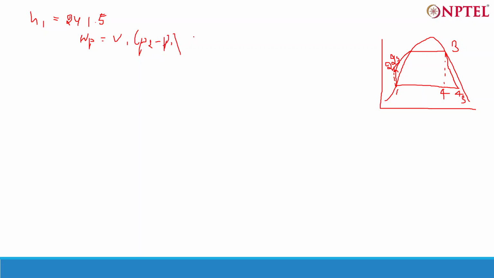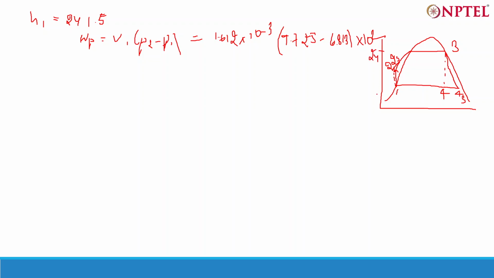That is 1.612 times 10 to the power minus 3 for the specific volume V, and the pressures given in the question are 9.725 and 6.813. Pressure is given in bar, so you have to convert it into kilopascal. 1 bar equals 10 to the power 5 Newton per meter square. Based on that you have to calculate.